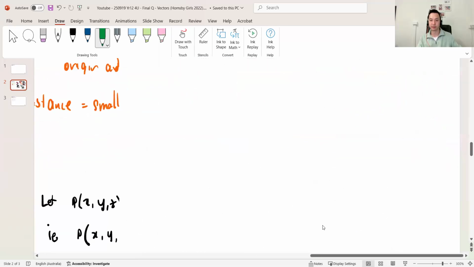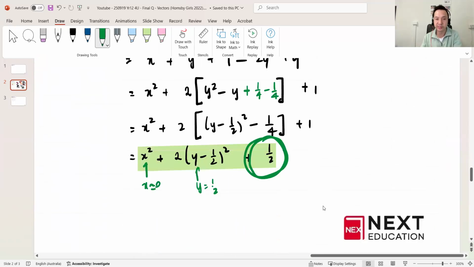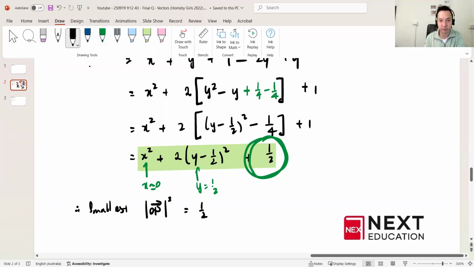So the smallest value this can take is that. Therefore, the smallest OP squared is equal to a half when x equals 0 and y equals a half. Therefore, the perpendicular distance, I need a square root, equals 1 over root 2.